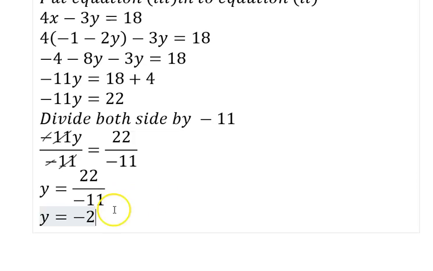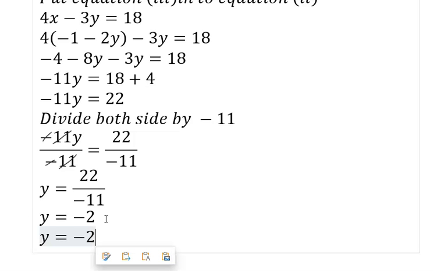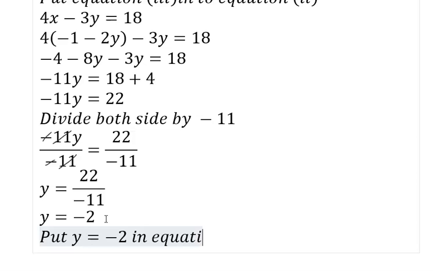So let's put y equals minus 2 into any of those equations we have up there. Say in equation 1 or 2, anyone that suits you, you still get the same answer.